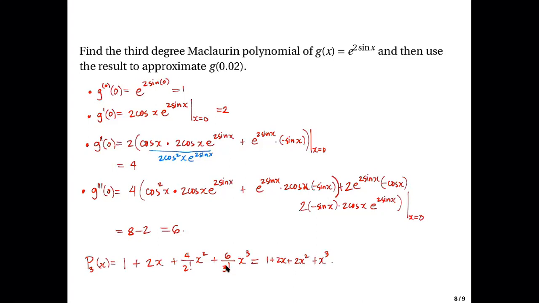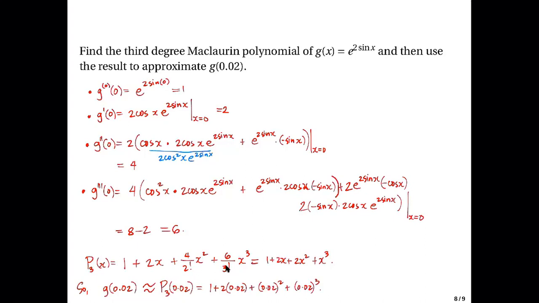And then finally, g of 0.02 is approximately equal to p sub 3 of 0.02. So just do the multiplication here. You have 1 plus 2 times 0.02 plus 2 times 0.02 squared plus 0.02 cubed.